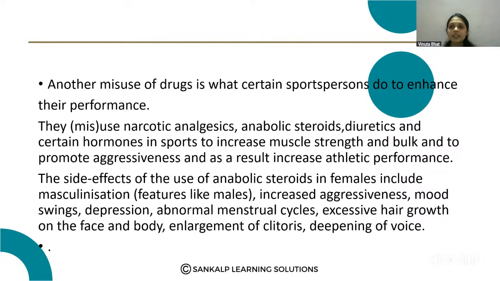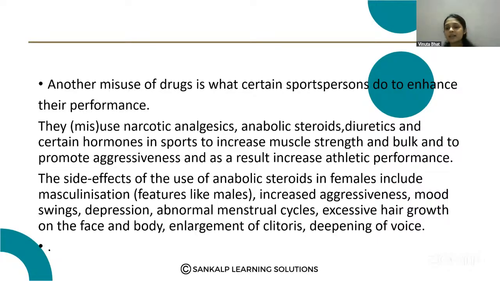In every sport there is a medical checkup to detect sportsmen who have taken drugs or any other hormones or extra things to increase performance.